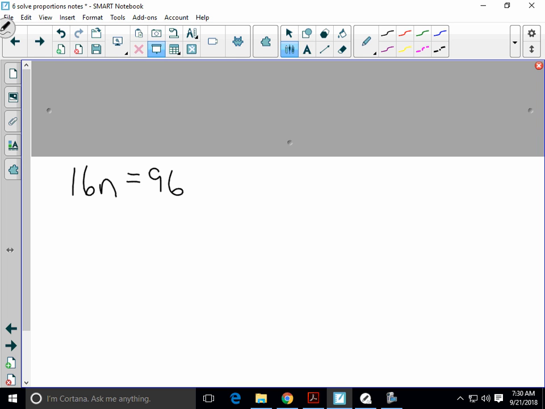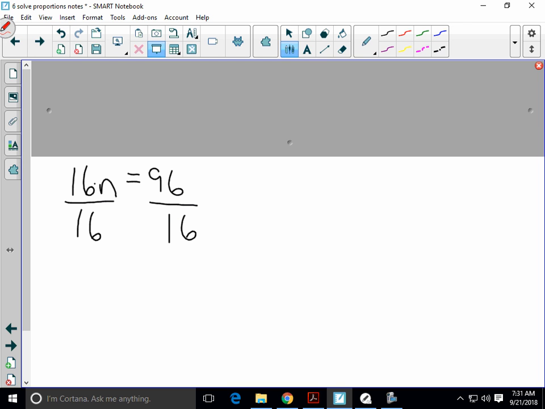If you think back to 6th grade, how do we solve this? How do we get rid of multiplication? Well, if I want to turn that 16n into 1n, what would I have to divide by to turn a 16 into a 1? I'd have to divide by itself. And for an equation to keep the balance, you're going to divide both sides by that same number.